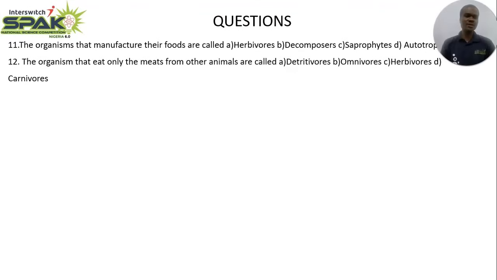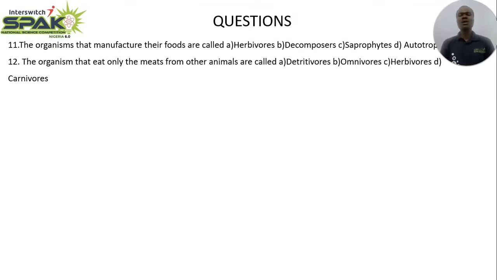Next question says, the organisms that eat only the meat from other animals are called dash. A, detritivore, B, omnivores, C, herbivores, D, carnivore. What are the detritivores?